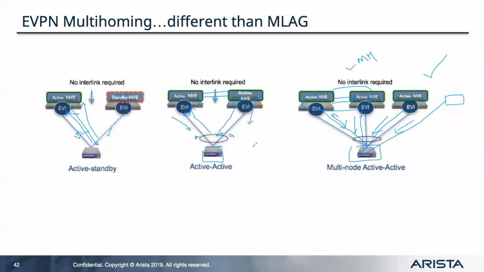Okay. Generally in VXLAN EVPN in the data center, we see that customers generally use the same Arista devices, and they have MLAG between these two VTAPs. So generally we don't see multi-homing with VXLAN EVPN. But when it comes to service providers, it is very much possible.